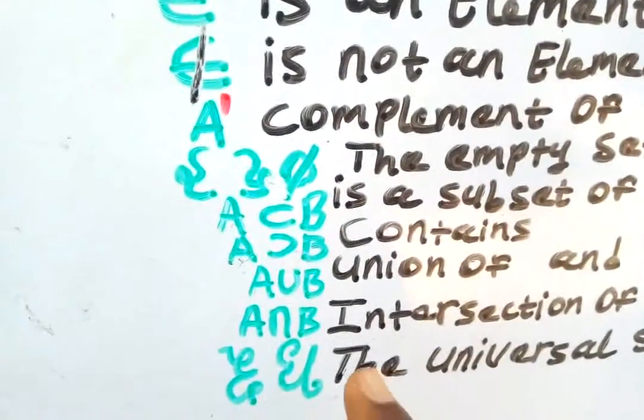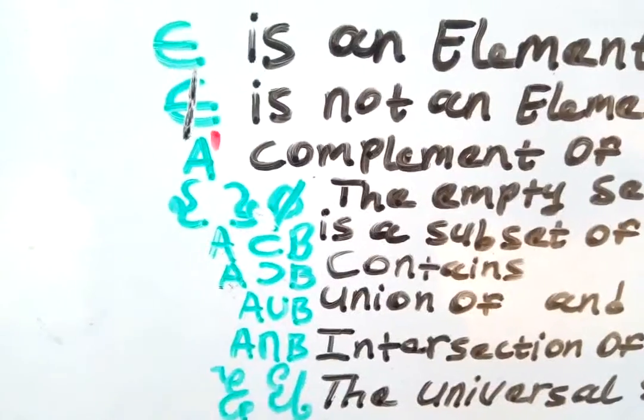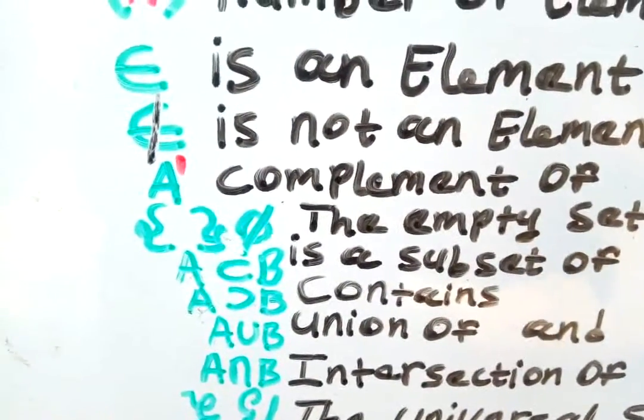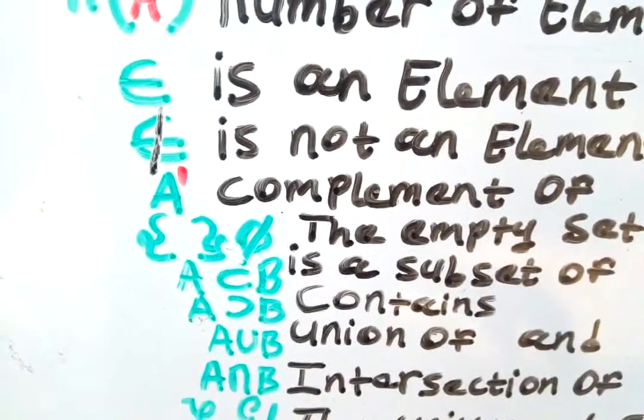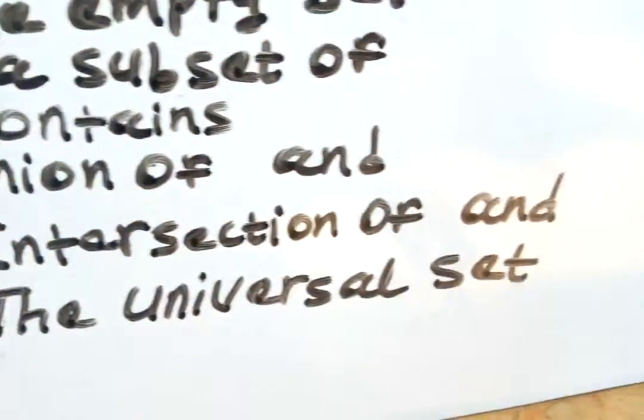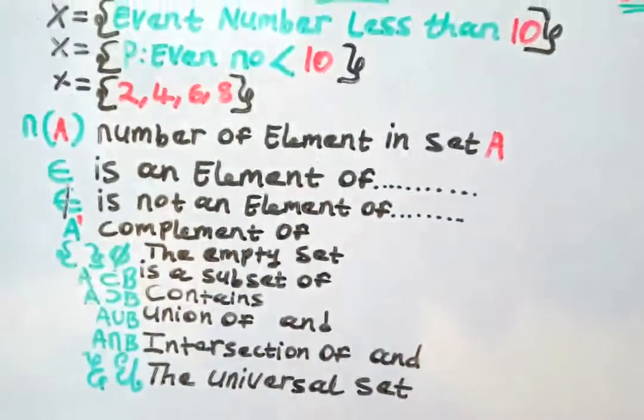A intersection B means whatever both of them have in common should be written down. And this is your universal set where all elements are contained.